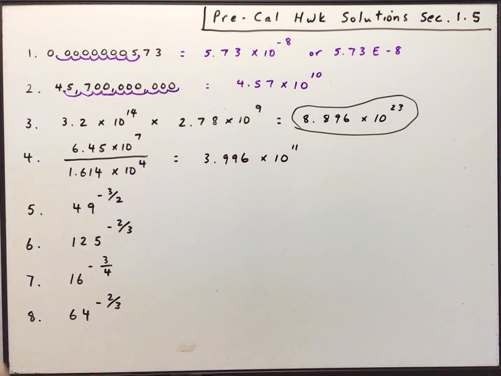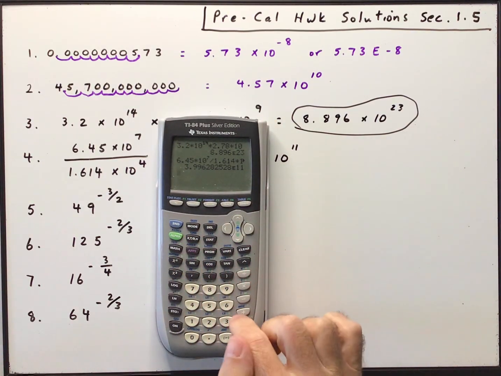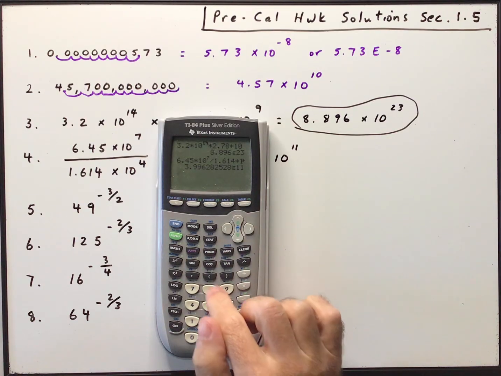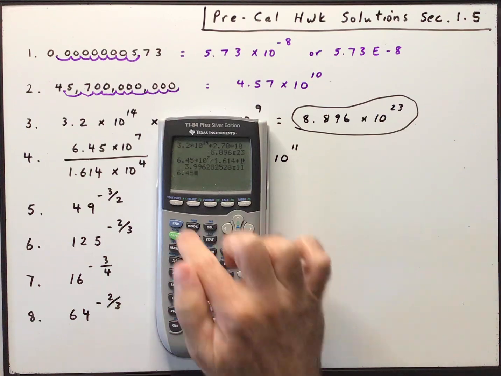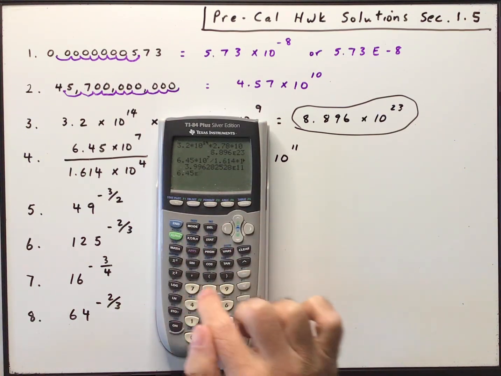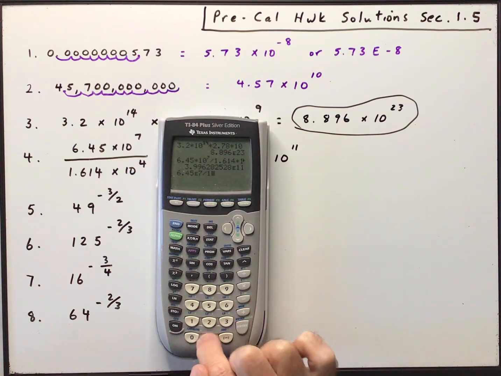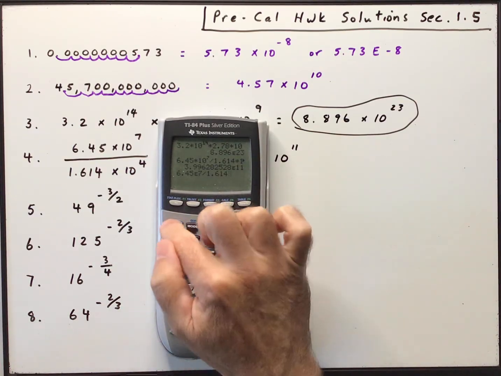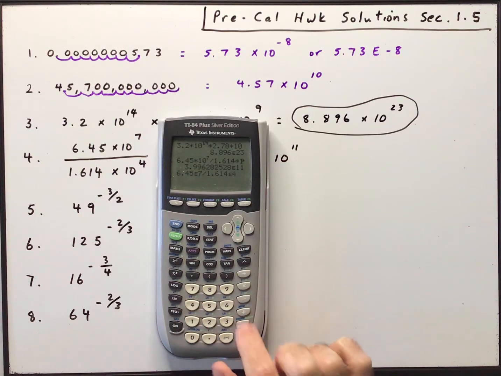And of course, you can also use the double E key, so we'll go ahead and do this same operation. So 6.45 second function double E to the 7th divided by 1.614 second function double E to the 4th.